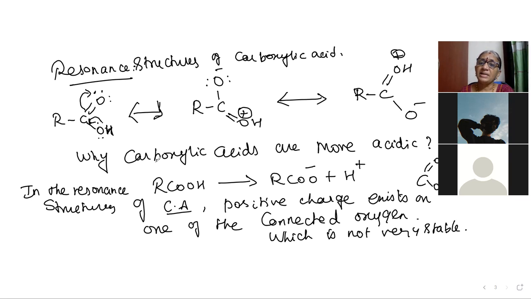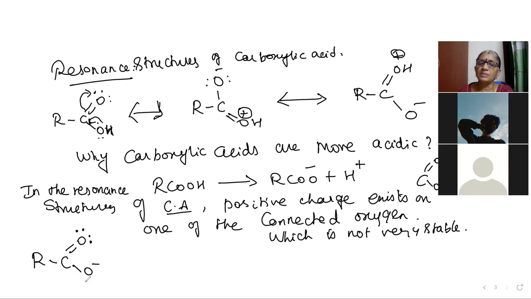But after it loses H plus, let us write down the resonance structures. How do we write the resonance structures of the carboxylate? R C double bond O, and O minus. As usual, if an oxygen is connected by a double bond, there are two lone pairs.